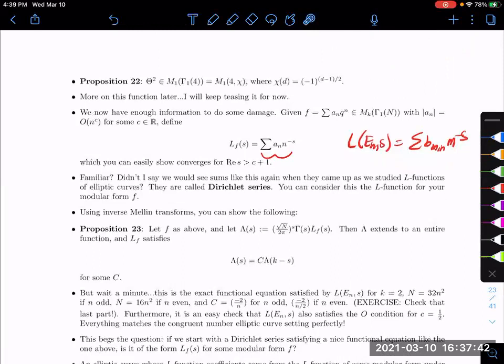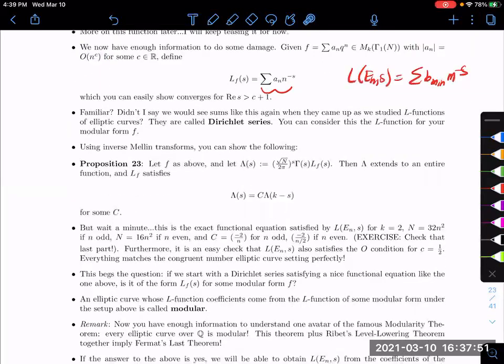So let f be as above. Let it be one of these modular forms satisfying this big O condition on the coefficients. And then you're going to let capital lambda of s be radical N over 2 pi all to the s times the gamma function evaluated at s times the L function of f evaluated at s. Look familiar, anybody?